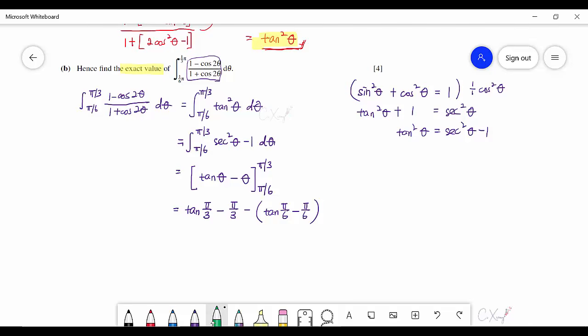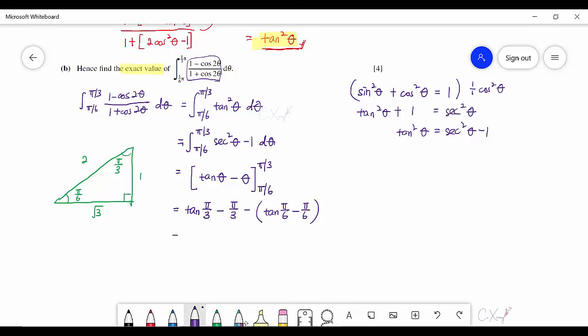Since they want the exact value, and if we are using the Casio 570 MS calculator, you need to draw the triangle to help you. I have pi over 6, 90 degrees, and also pi over 3. The sides are 1, 2 and square root 3. You need this triangle to get the exact value.